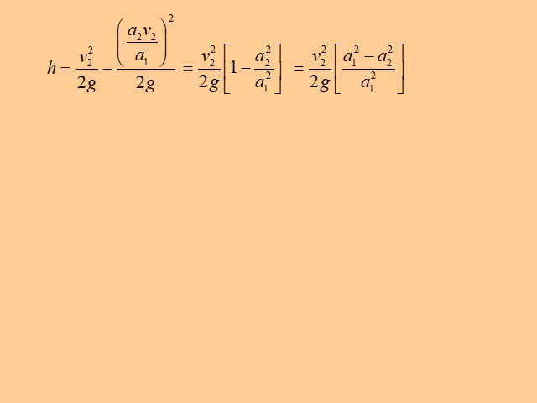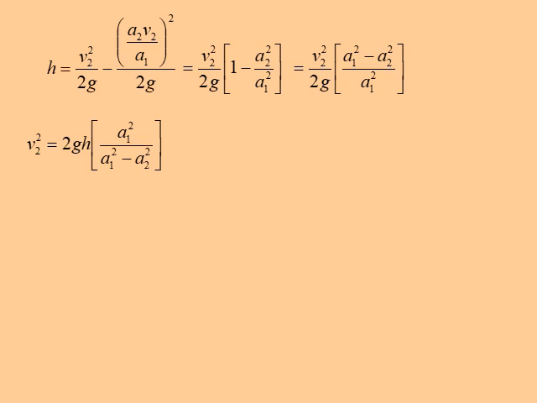That is equal to V2 square by 2g, and after taking the LCM, there is 1 minus A2 square by A1 square. A1 square is common, and after taking the LCM, the equation becomes A1 square minus A2 square. So now H is equal to V2 square by 2g into (A1 square minus A2 square) by A1 square.